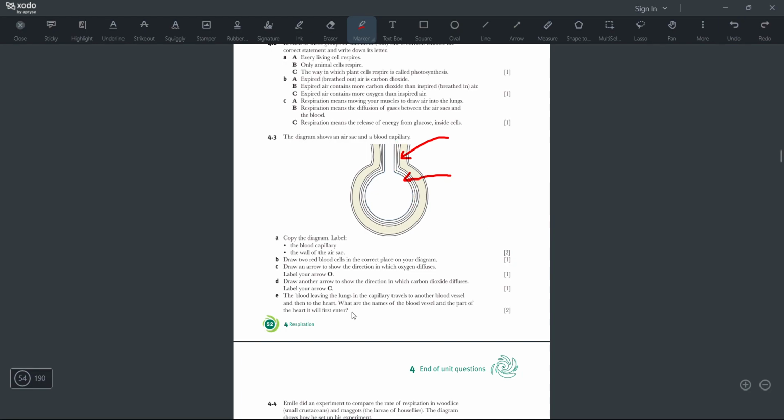Then draw 2 red blood cells in the correct place on your diagram. So anywhere on this yellow track, which is your capillary, you can have a little red blood cell. Draw an arrow to show the direction in which the oxygen diffuses.